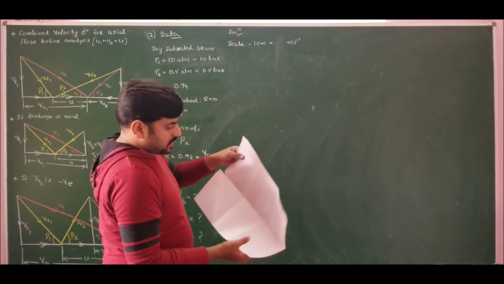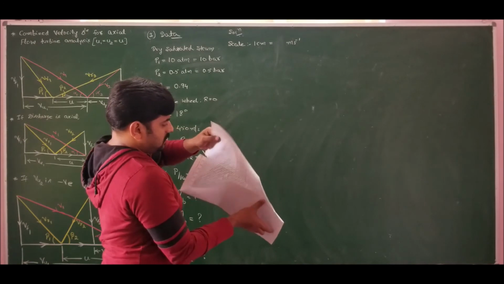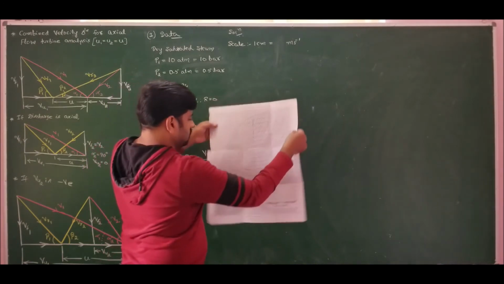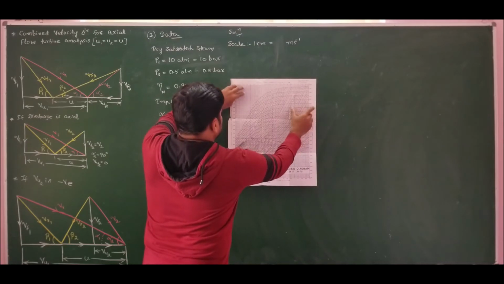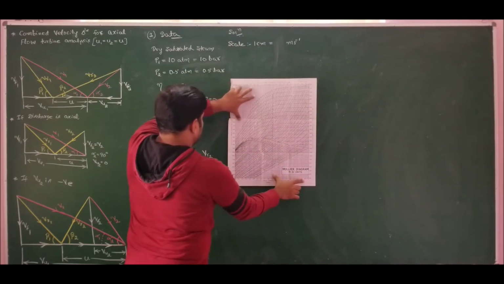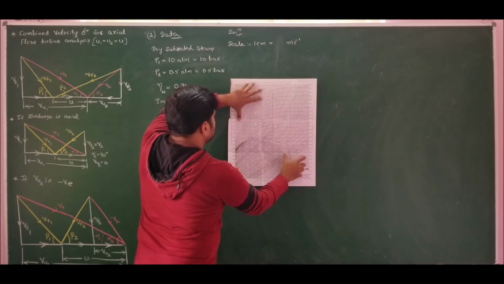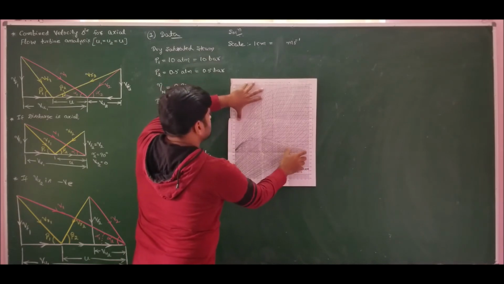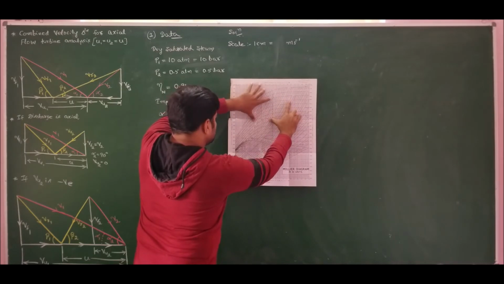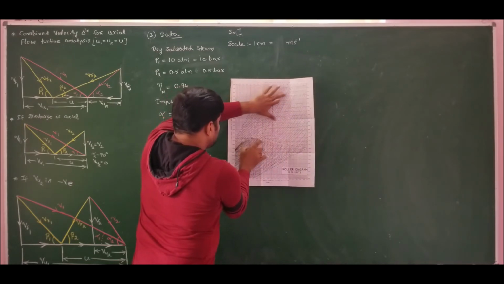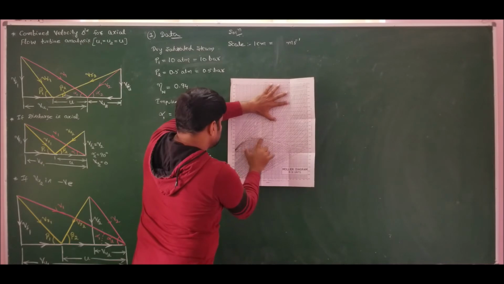In this Mollier diagram, we know the inlet pressure is 10 bars and it is dry saturated. So here we have the 10 bar pressure since it is dry saturated.